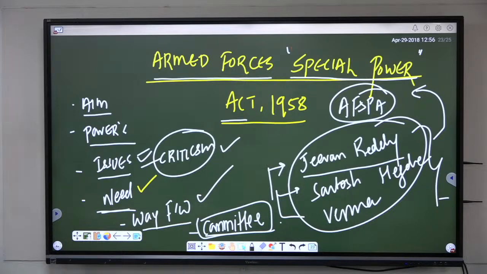Way forward. First point, ensuring justice for the victims.